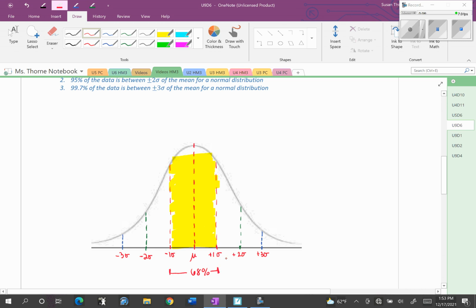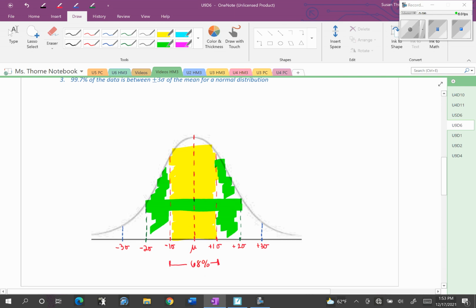So then the next part is, it says 95% of the data is within 2 standard deviations of the mean. So 95% of the data then means we're going from here all the way over to here. So now we're going to add these sides over here to all of that.